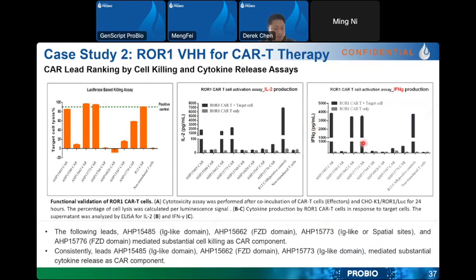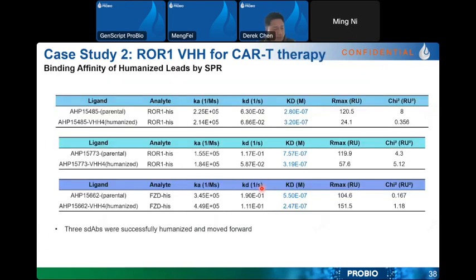In these studies, 3 candidates showed comparable potencies as the clinical benchmark, the R12. These 3 top candidates were further humanized, and the affinity was successfully retained at the 10 to the minus 7 level.